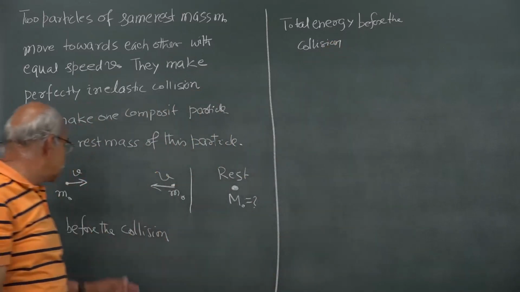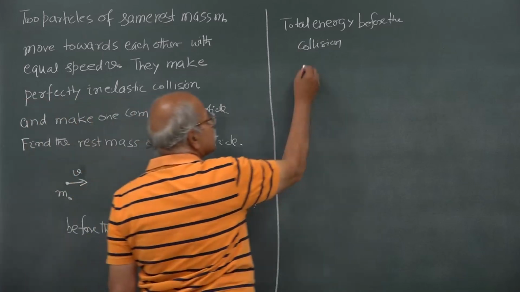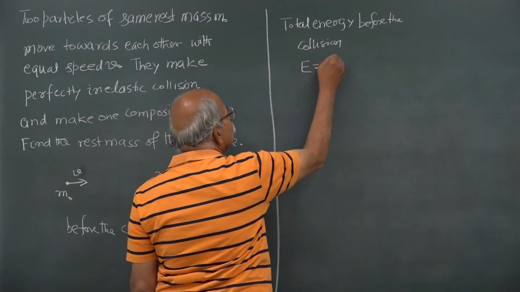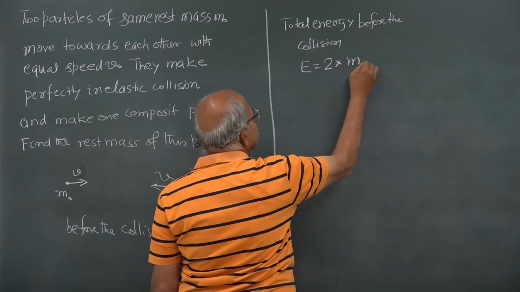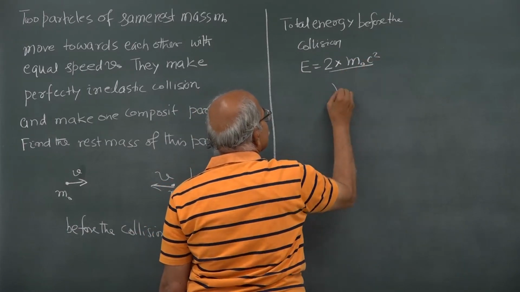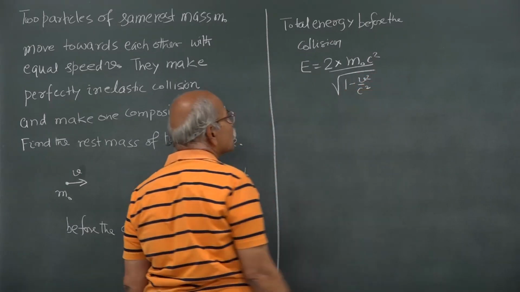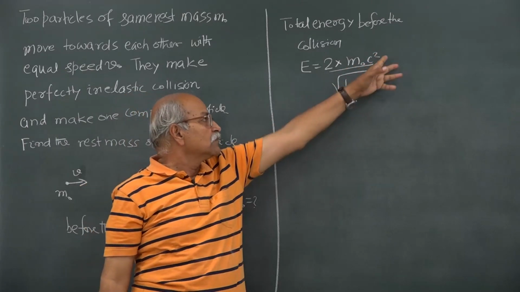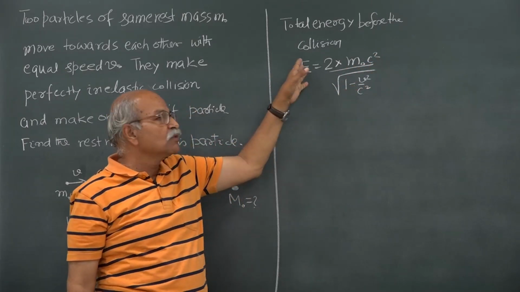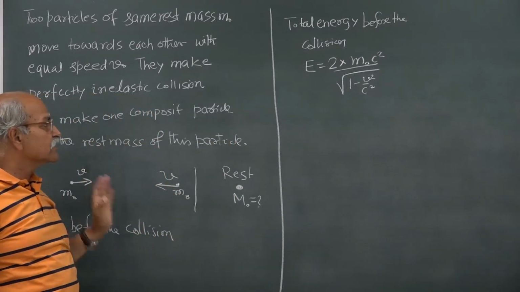It is 2 times m naught c square by square root of 1 minus v square by c square, that is 2 times m naught c square into gamma, the total energy of the two particles before the collision.